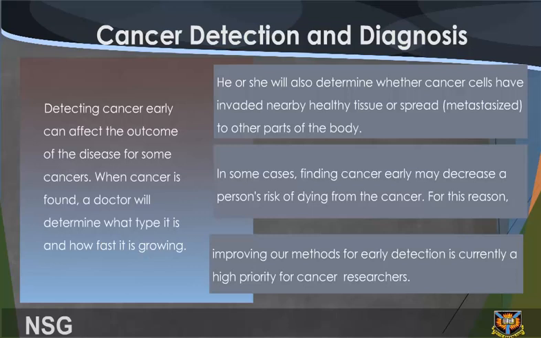He or she will also determine whether cancer cells have invaded nearby healthy tissues or spread, metastasized, to other parts of the body. In some cases, finding cancer early may decrease a person's risk of dying from the cancer. For this reason, improving our methods for early detection is currently a high priority for cancer researchers.